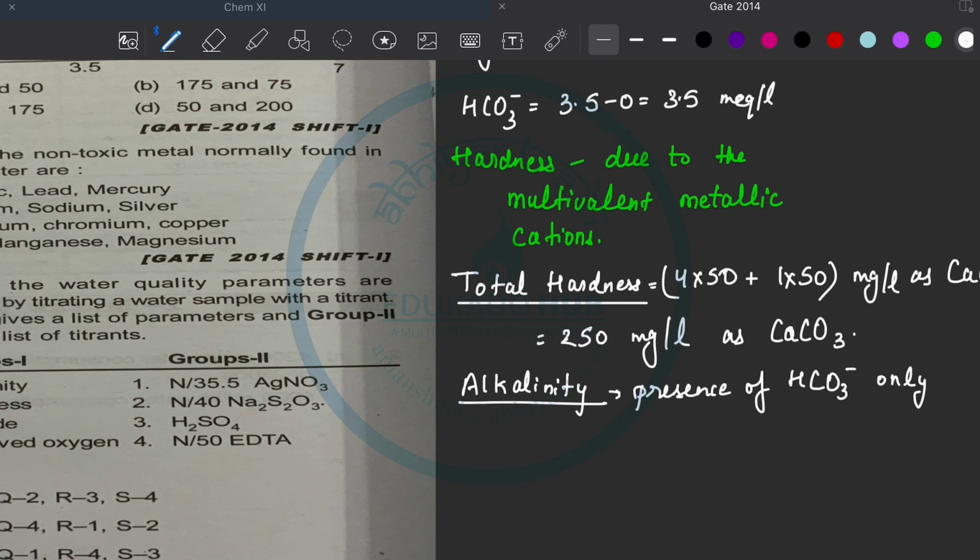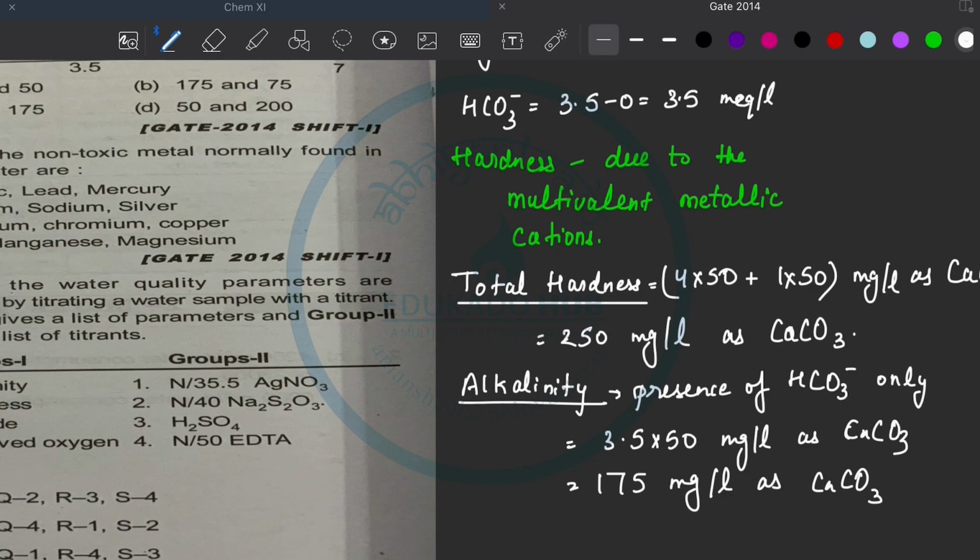Okay, now the alkalinity also we can calculate, that is HCO3 is 3.5 into 50, this is milligram per liter as CaCO3. So this is about 175 milligram per liter as CaCO3.